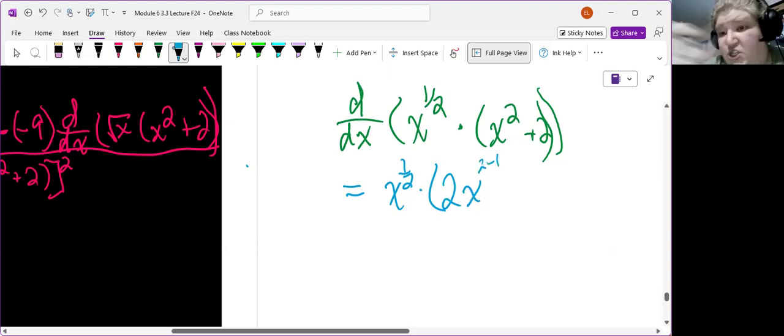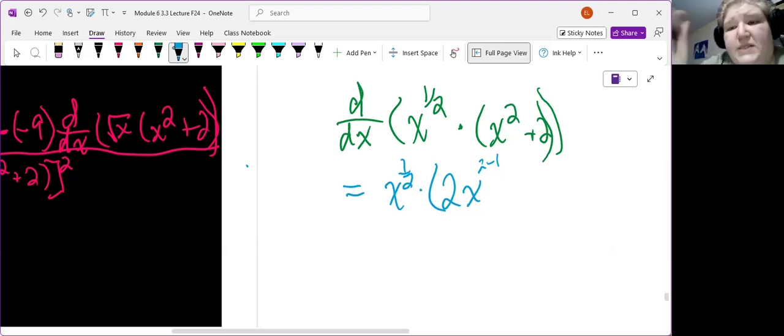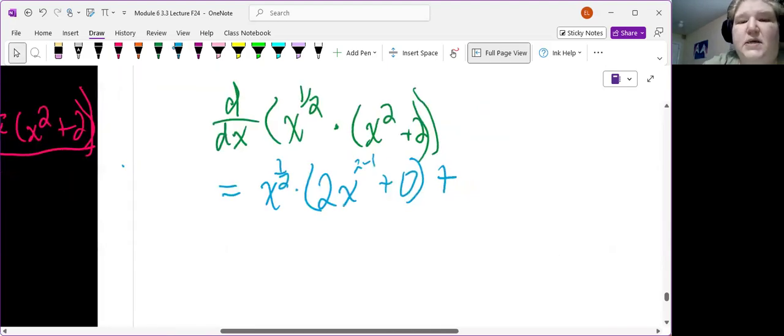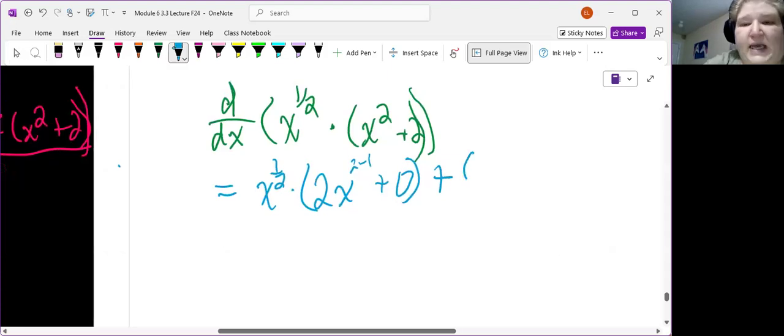So I'll sketch it in there, but eventually I'll stop writing it when the power is going to end up being 1. Plus the derivative of 2 is 0. And then product rule is plus. Now we'll keep x squared plus 2. And we do the derivative of ugly over there, which becomes 1/2 x to the -1/2.